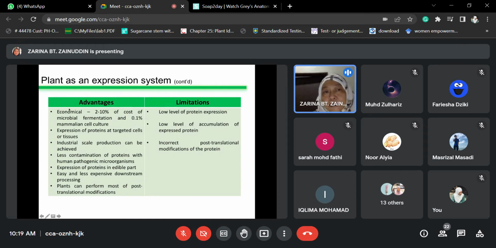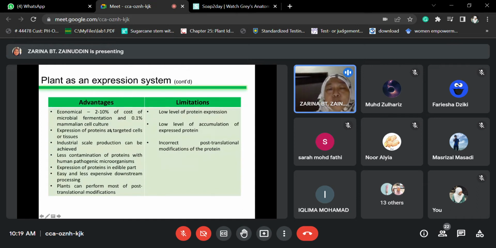If you use plants to produce biological products, it's economical because the process is cheap. Compared to microbial fermentation, the cost is lower, 2 to 10% of the cost of microbial fermentation. And it's cheaper compared to mammalian cell culture because it only contributes 0.1% of the cost of the mammalian cell culture system.